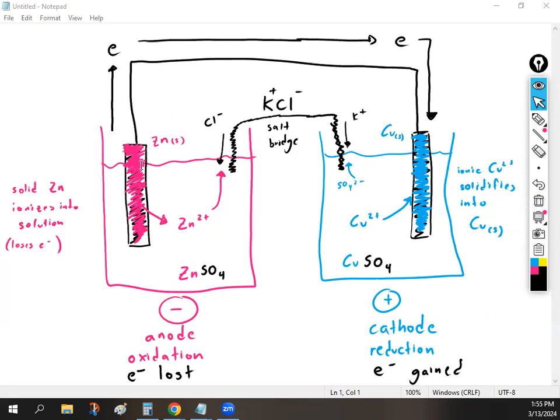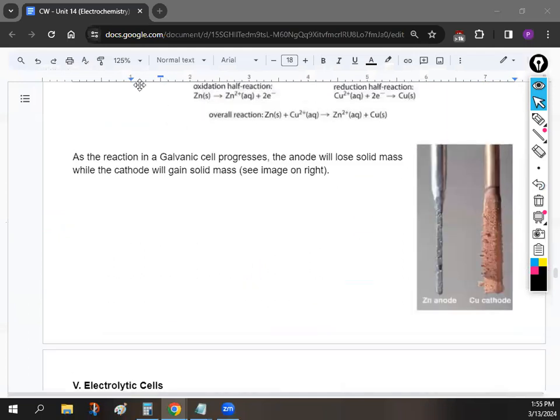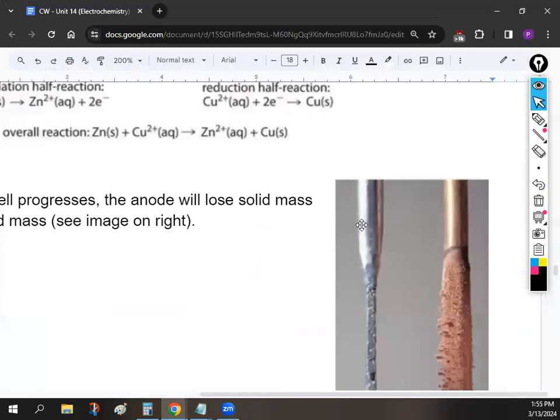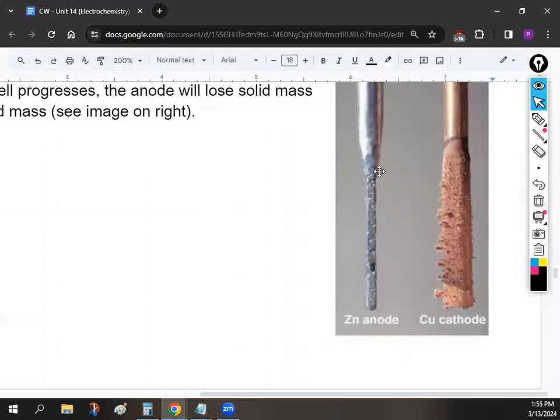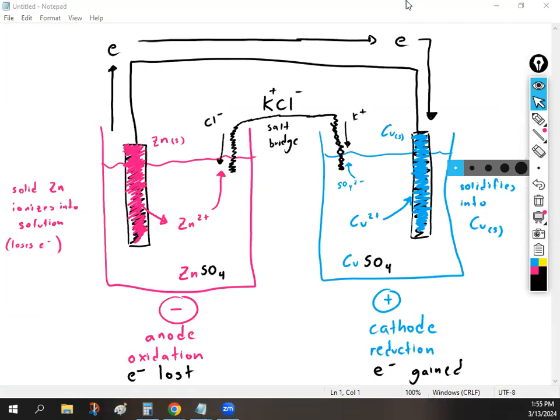And so, like I said, the Zn is going to disappear and you're going to get more Cu. I have a picture, I'll put that picture back up. If you actually ran a galvanic cell, this is how it would look as the reaction progresses. The Zn will start to disappear, whereas the Cu, you get more of it as the reaction takes place. But that is a galvanic cell.